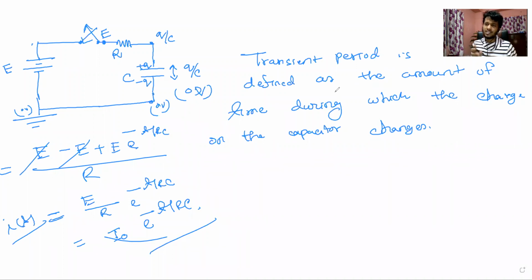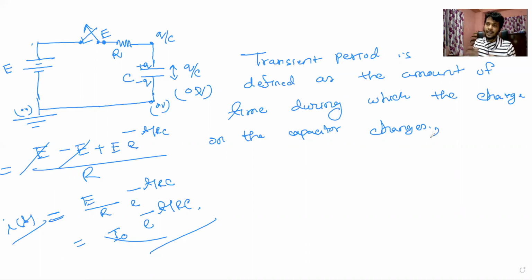Because if the charge changes over time, then of course the voltage across the capacitor will change, the current through the circuit will change, right? The voltage across the resistor will change, right? So I think only this statement is sufficient to define the transient period. Fine, but if you want to elaborate this definition, of course you can add other terms.